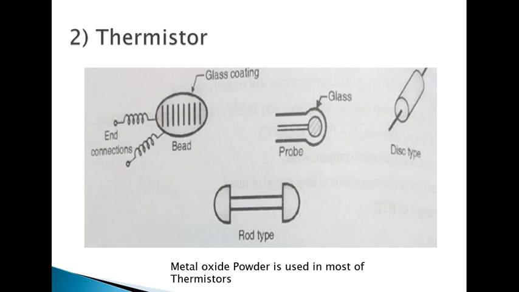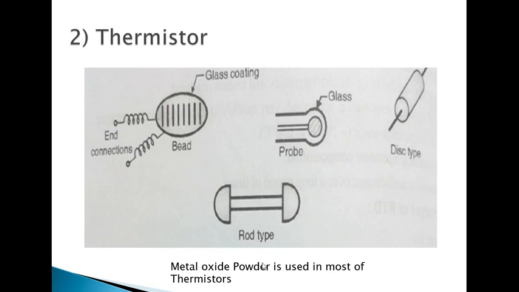So the thermistor's resistance will decrease as the temperature around the thermistor increases. That is why it has a negative temperature coefficient of resistivity. The material we are using is semiconductor material, but metal oxide powder is used in most thermistors.